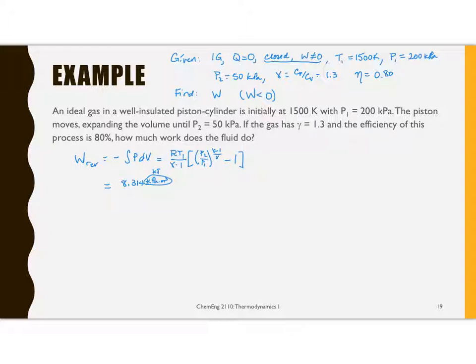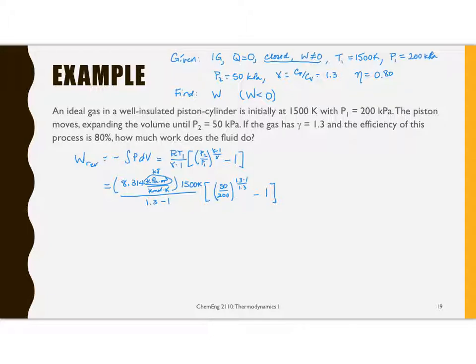And you'll find that kilojoules will be more convenient, but not usually what you look up. Kilomole Kelvin. So 8.314 kilojoules per kilomole Kelvin times 1500 Kelvin all over 1.3 minus 1 times P2 over P1. Now in this case, just be sure you're using absolute pressure and that they have the same unit. So P2 is 50, P1 is 200, to the 1.3 minus 1 over 1.3 power. Subtract 1 from that answer.